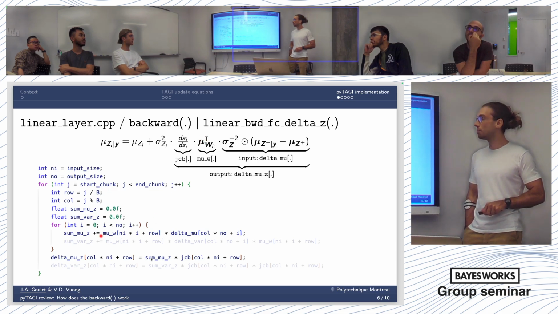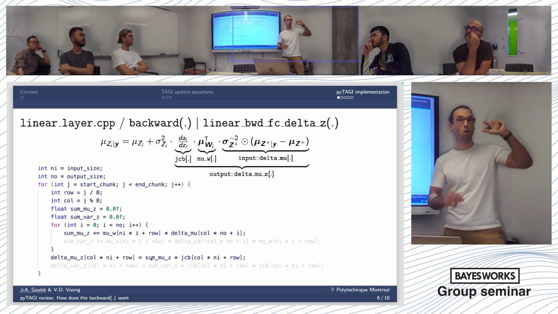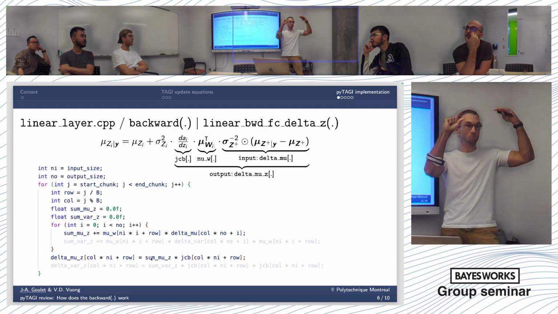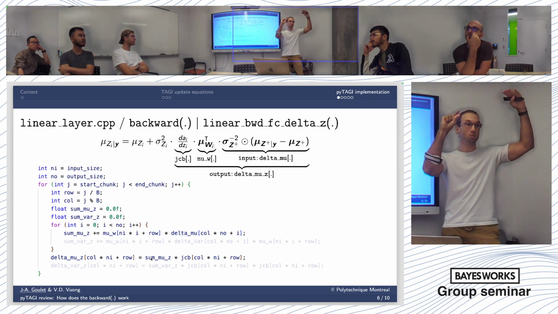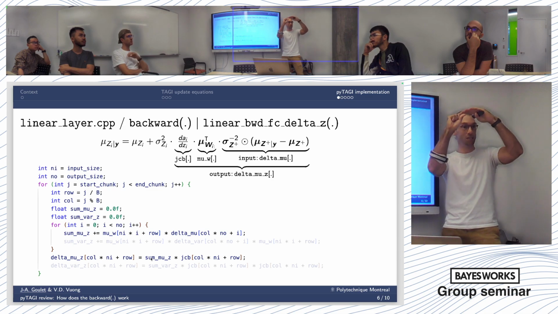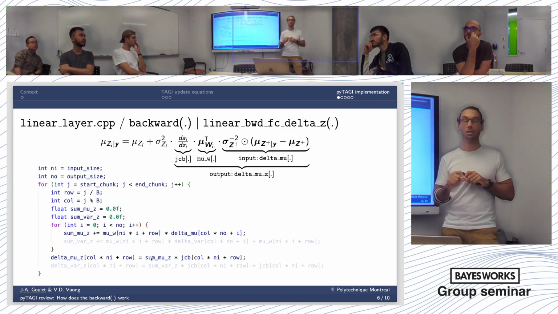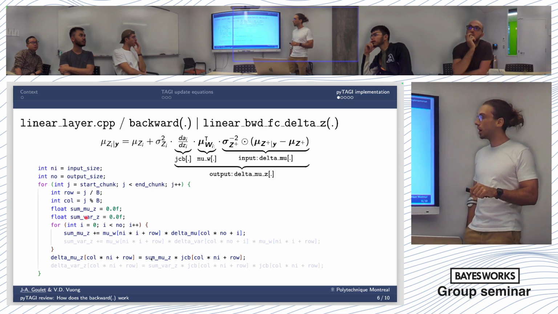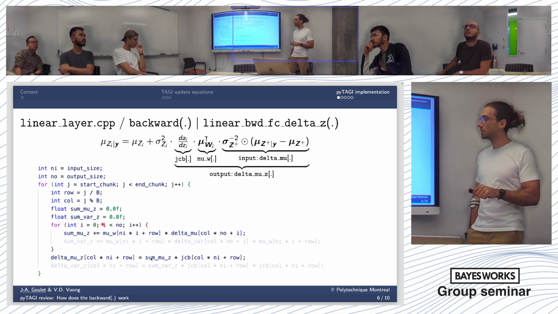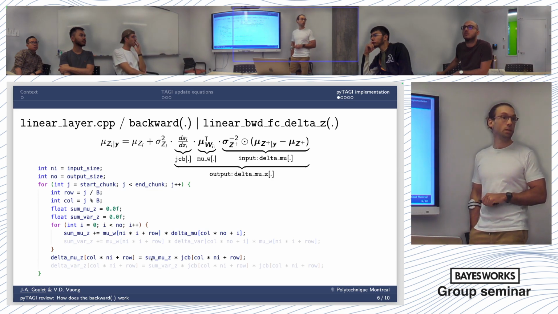And we need to sum over all the outputs, because remember, when we want to update one hidden unit, we need to take into account the information coming from all the outputs into that hidden unit. So this is why we operate over i from 0 to the number of outputs, to take into account information coming from all the outputs by multiplying by the corresponding output weights.